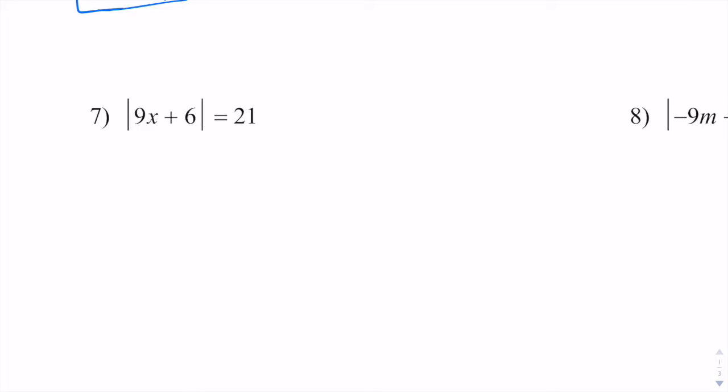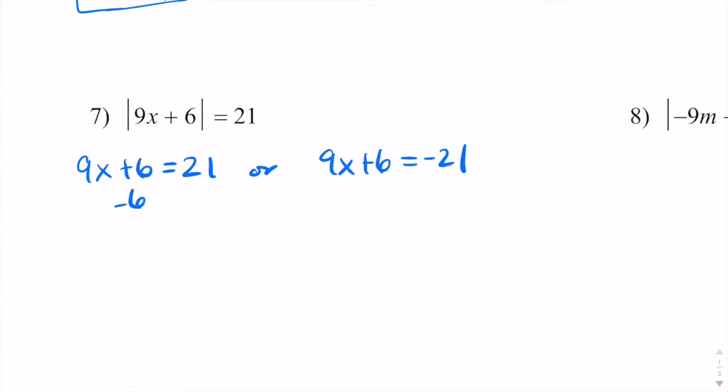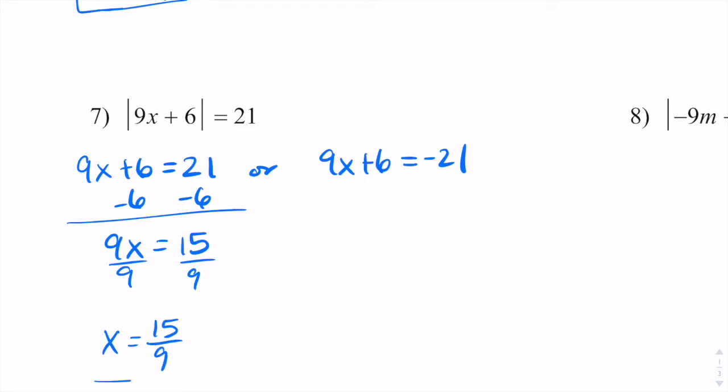Now number 7, 9x plus 6 is going to equal 21, or 9x plus 6 is equal to negative 21. So we would subtract 6 from both sides, and 9x would equal 15. We divide by 9, and x is equal to 15 divided by 9.